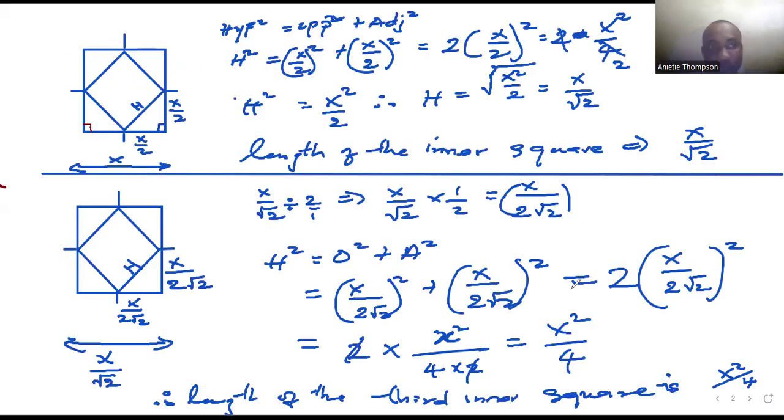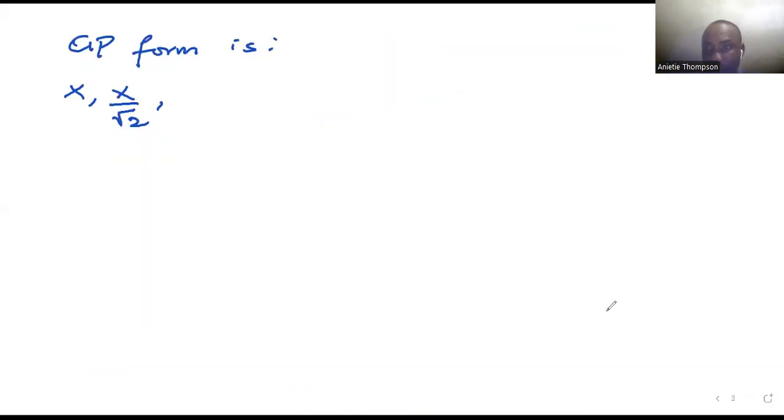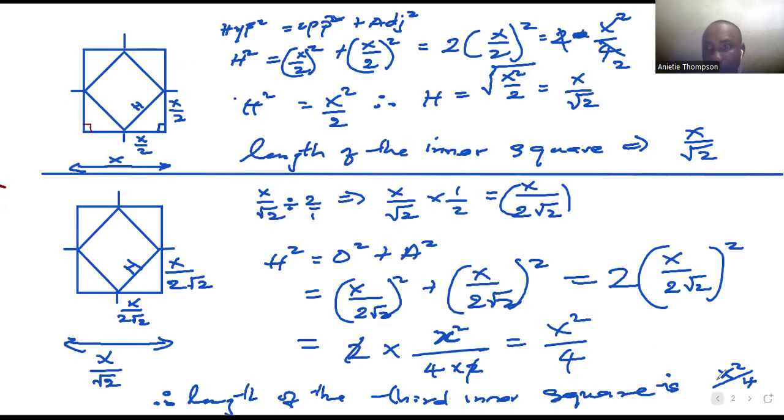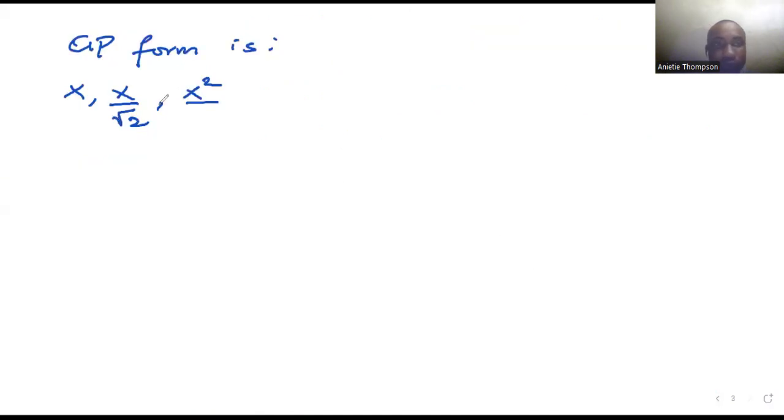And now we've gotten the next one, which is x squared all over 4. Okay, and so on.